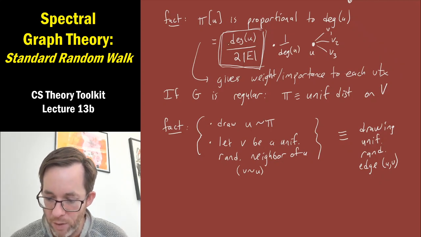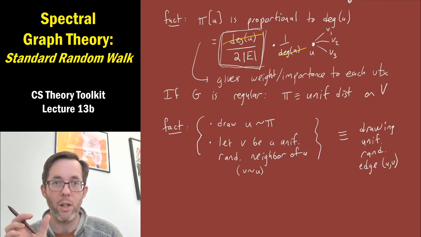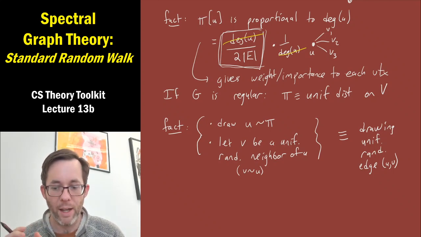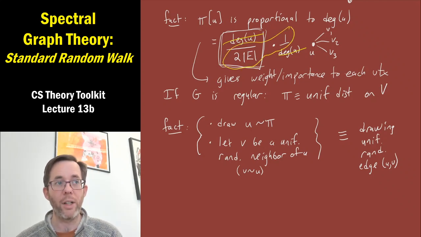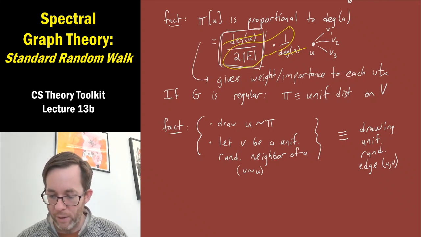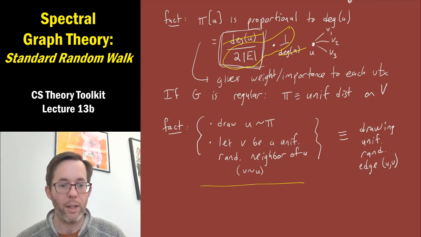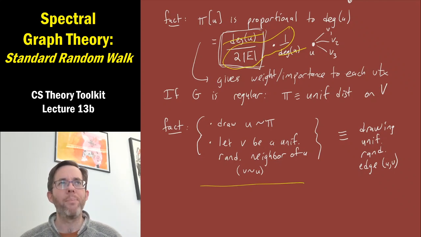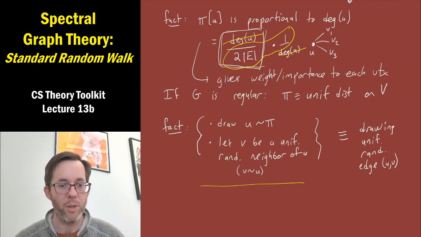Okay, and you see then these two things cancel out, and we get that the probability of choosing a particular directed edge, u comma v, is in fact 1 over 2 times the number of undirected edges, or 1 over the number of directed edges. So we indeed see that the combination of these two steps produces a uniformly random directed edge. And this shows another way in which this special probability distribution pi on vertices is compatible with the uniform distribution on edges.